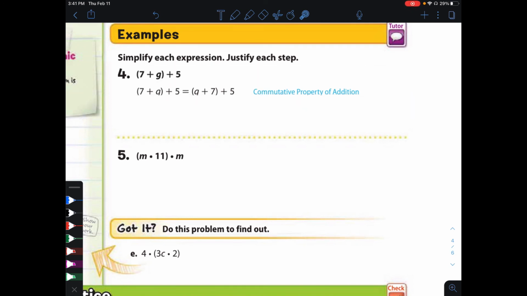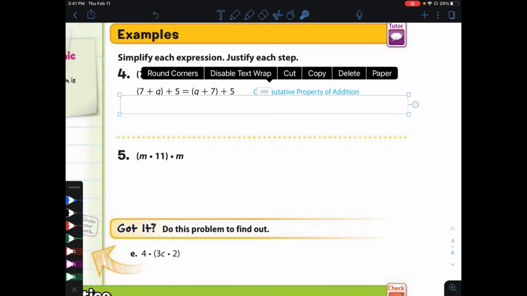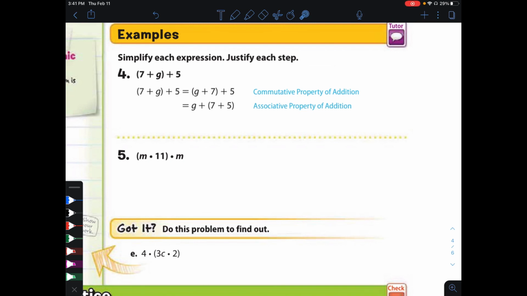And after that, we now use the associative property where we change the grouping from g plus 7 to 7 plus 5. Look at the order, it does not change here. So we're using the associative property. Now we can add 7 plus 5. Okay, so 7 plus 5 now is equal to 12. So g plus 12 will be our simplest form of the expression.